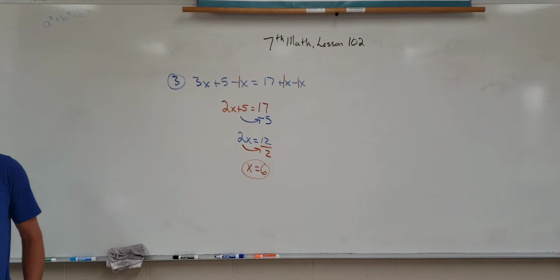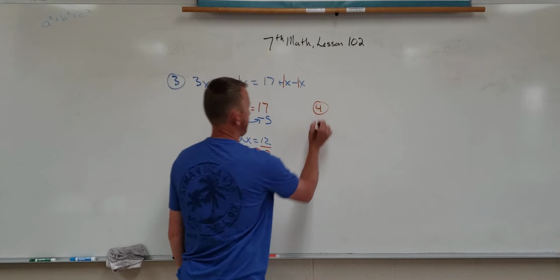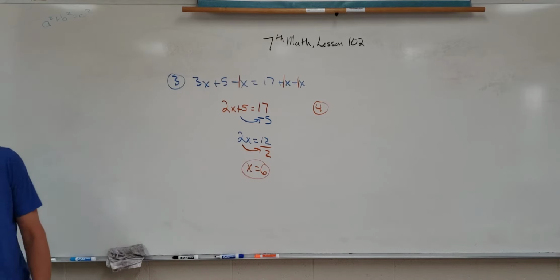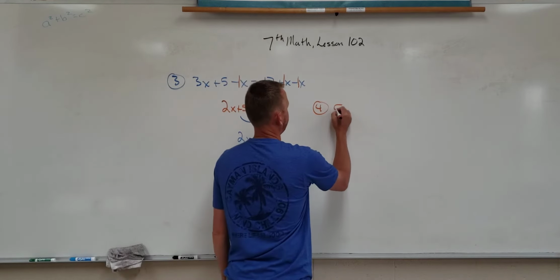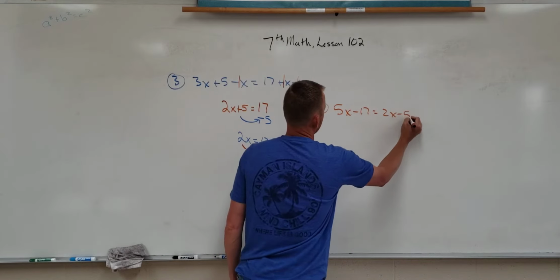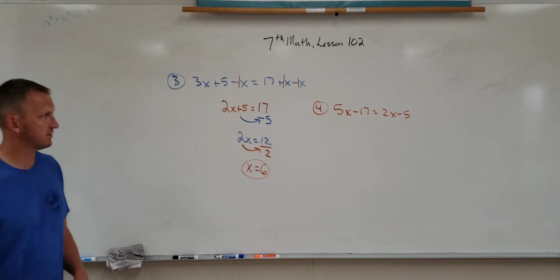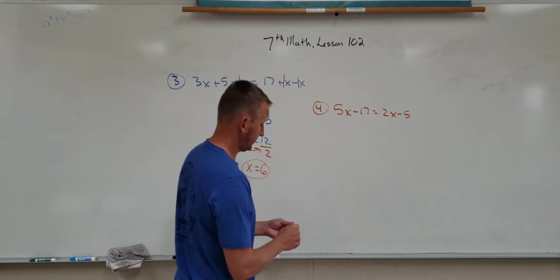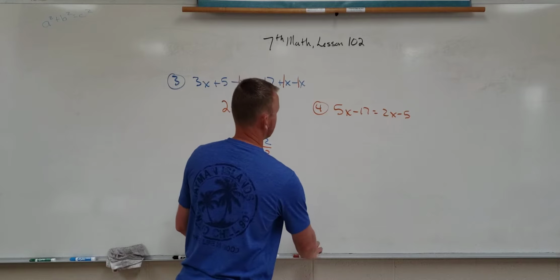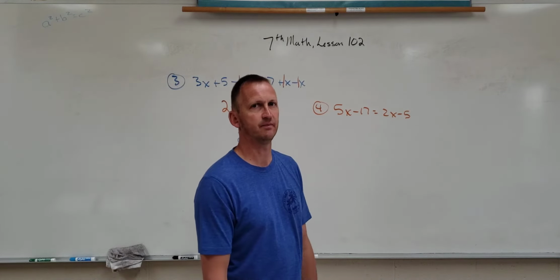So example 4. Same concept. 5x minus 17 and 2x minus 5. So again, we are solving. Now, if you look at this, you'll notice that both sides are as simplified as we can get them.